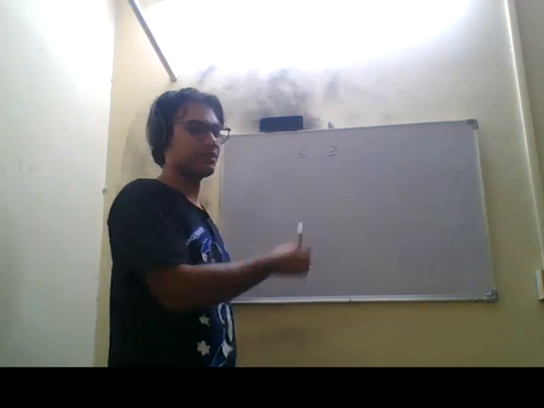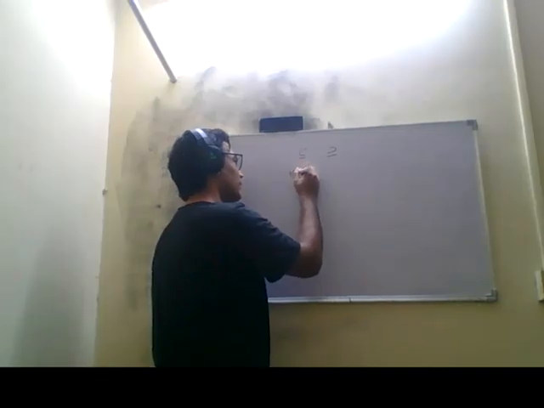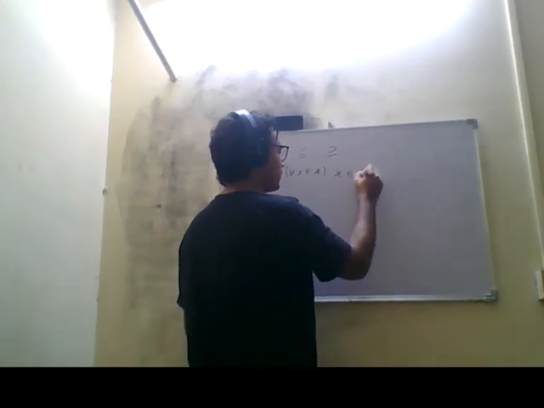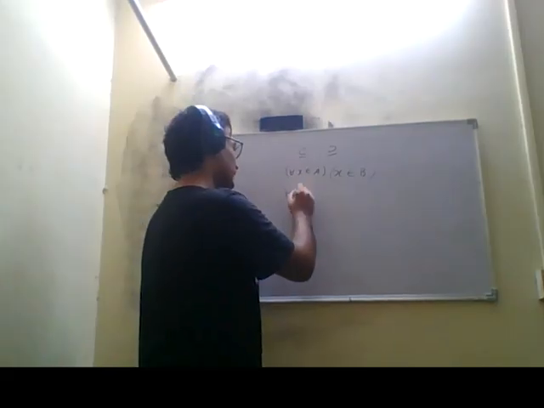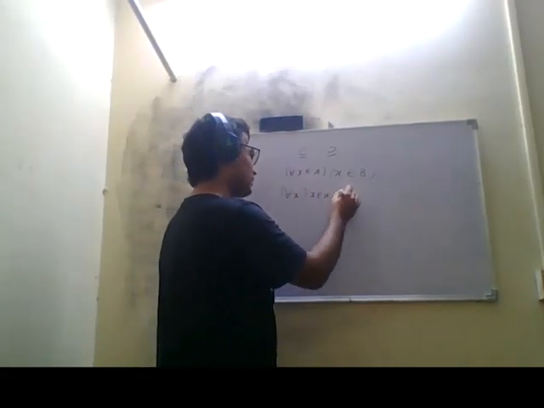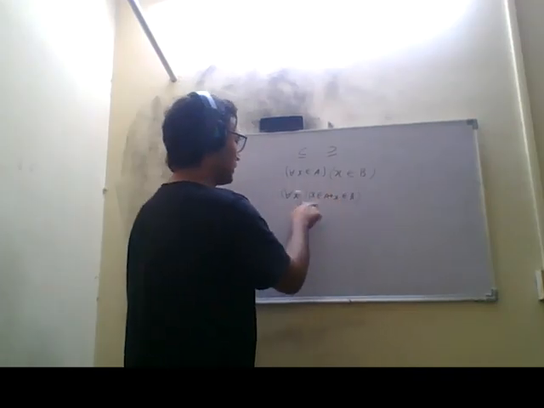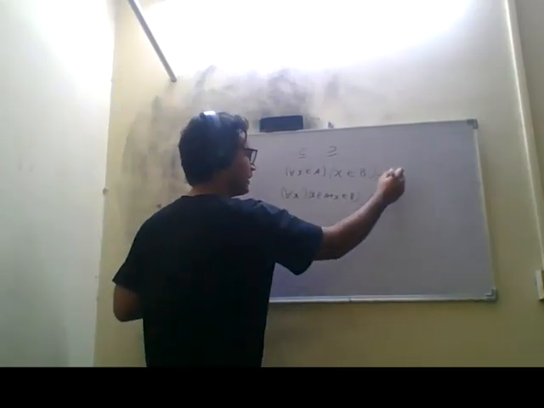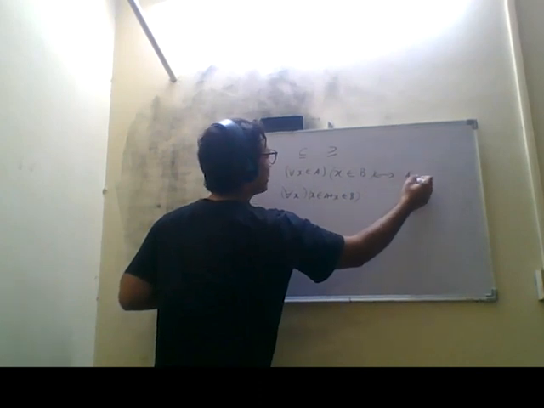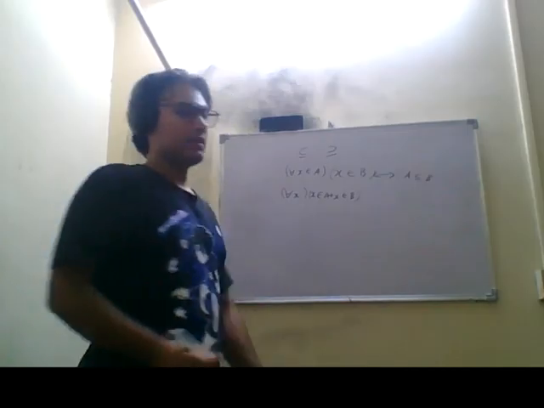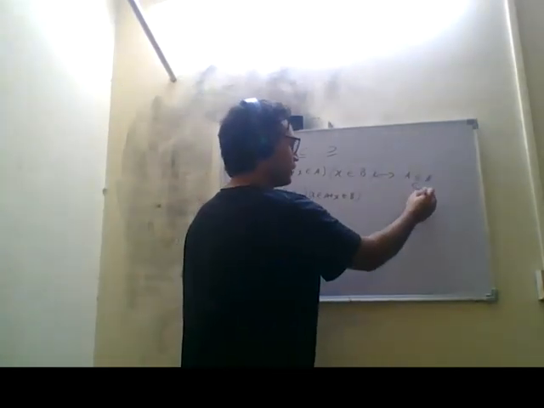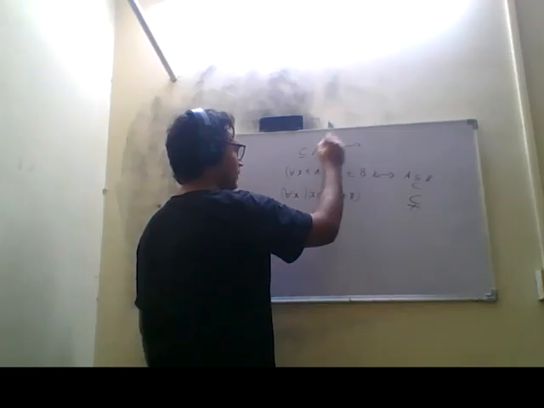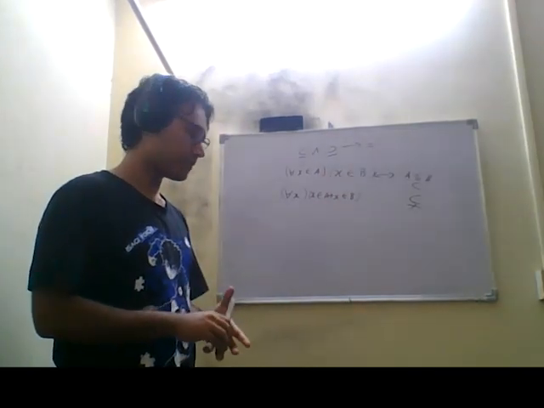And the definition of subsets is, I'll just write it down: for all x in A, x belongs to B. So it's actually for all x, x belongs to A implies x belongs to B. But since this is the same thing as this, you can write it this way, and this is equivalent to saying A is a subset of B. And the reason we use this subset notation instead of the proper subset is because of equality.